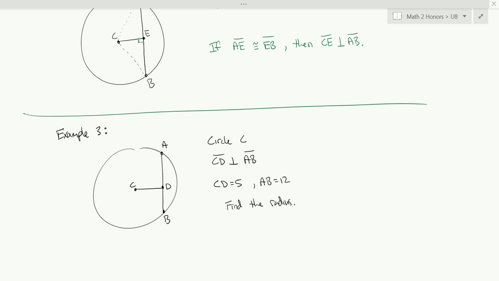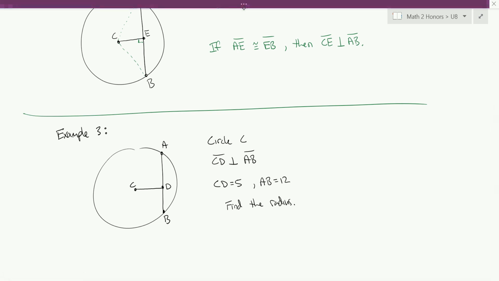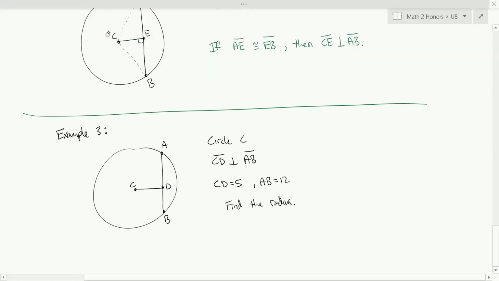You have it? What do you got, Nathan? Root 61, good job. Nathan, can you tell us how you did that? CD's 5, yes. Because it's perpendicular, it bisects this chord.